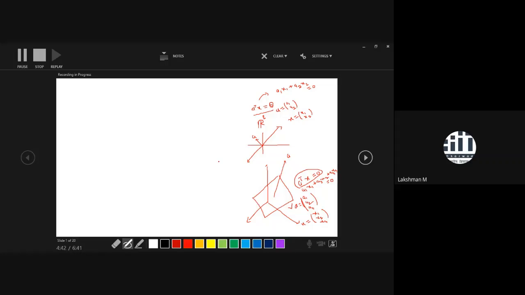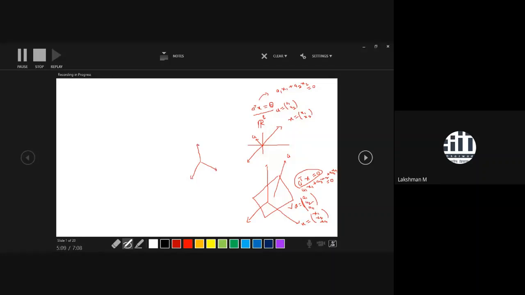Now, if I ask what is the general equation of a line in R2, R3, or even any higher dimension, the slope-intercept form is a representation of a line only in 2D. If you are going to higher dimensions, you need to proceed with direction. So always represent the equation of a line in higher dimension in vector form.